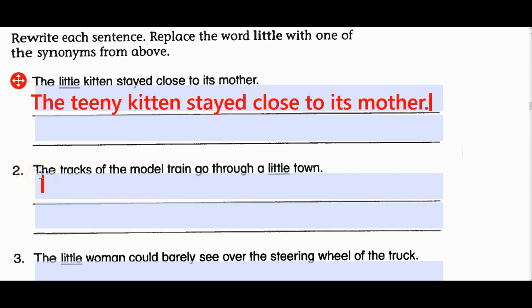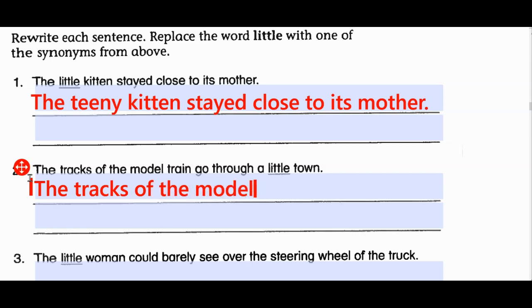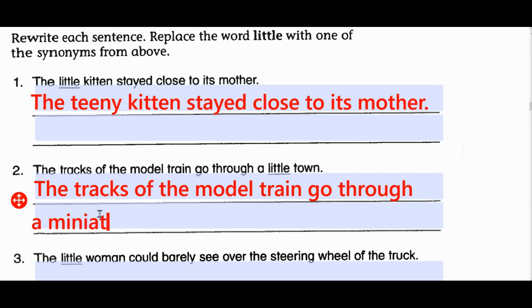The tracks on the model train go through a little town. Yeah, it's a smaller version of a regular town, right? Of the model train go through a miniature.